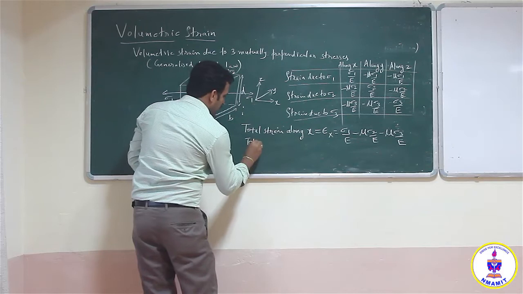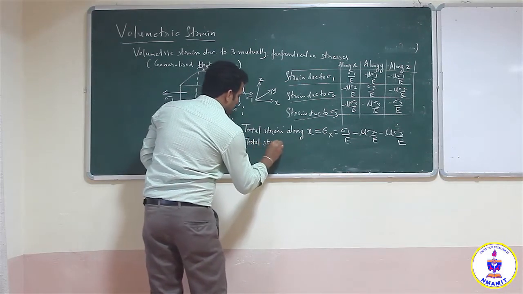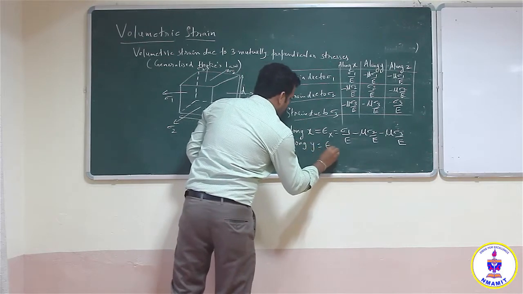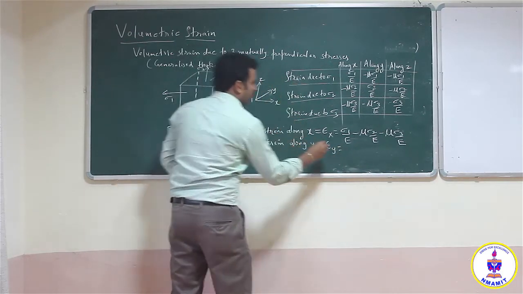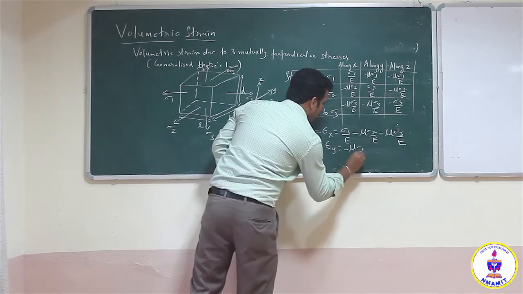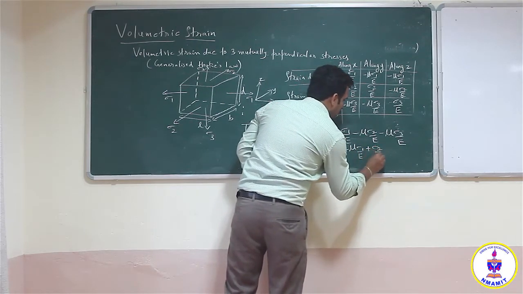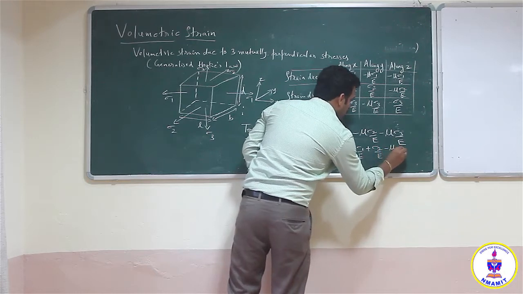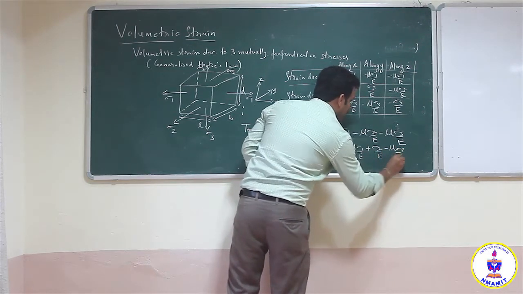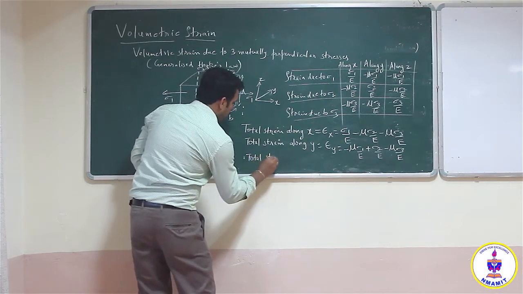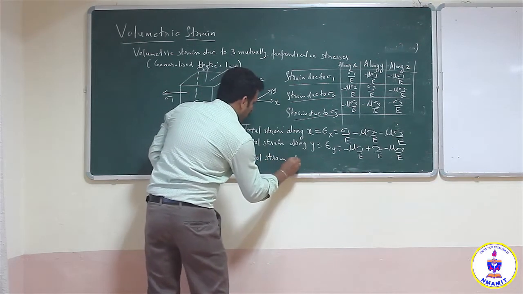Next is total strain along y. That is epsilon y is minus mu into sigma 1 by E plus sigma 2 by E minus mu into sigma 3 by E. Last one is total strain along z.